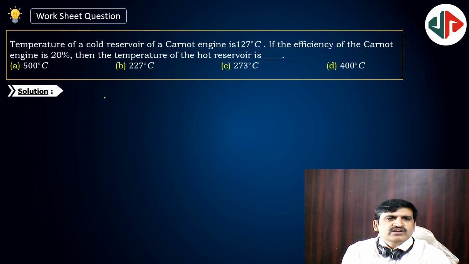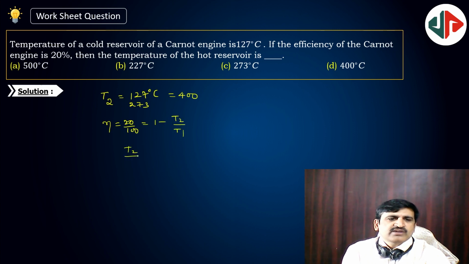Temperature of cold reservoir T2 is equal to 127 degrees Celsius. Never do sums in Celsius. Plus 273 you need to add. So it is 200, 200, 400. If the efficiency of the Carnot heat engine is equal to 20%, then the efficiency is 1 minus T2 by T1.